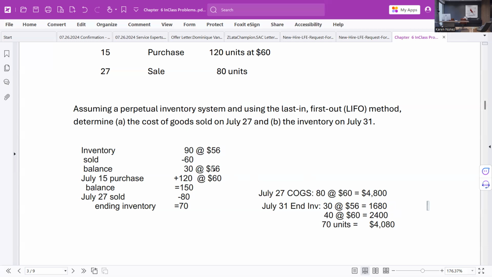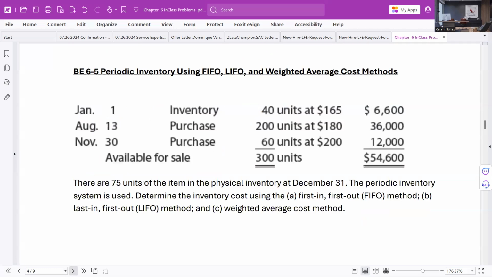Okay. Now let's go back to a problem where we're going to look at all three methods side by side. So we've got 75 units that are in the physical inventory at the end of the period. We have 300 units that are available for sale in this exercise.